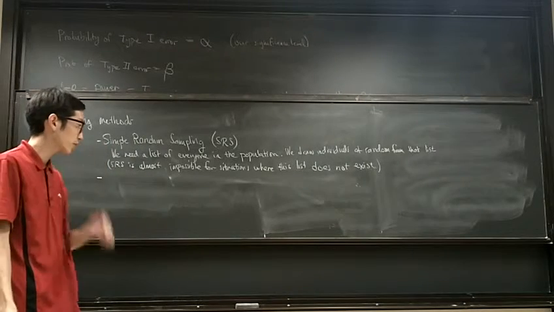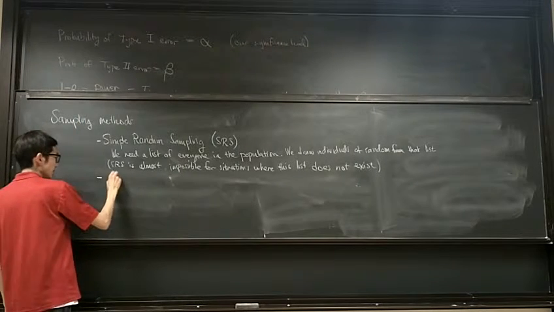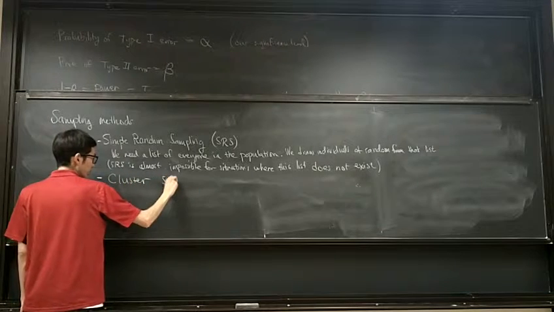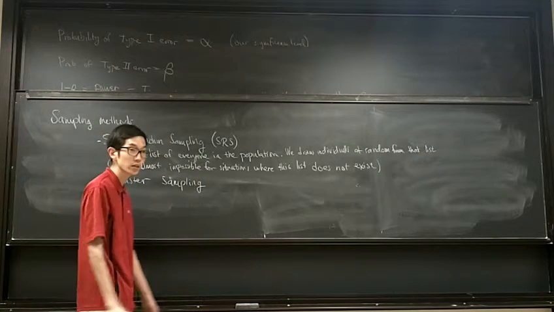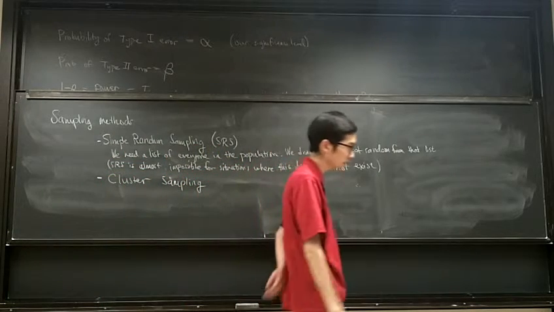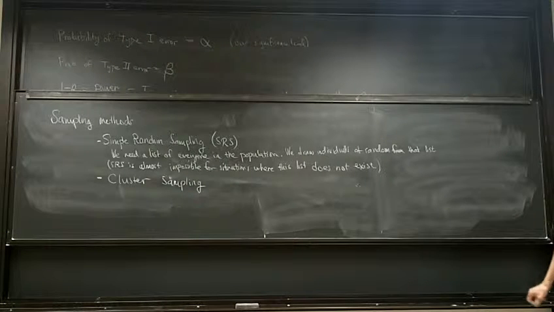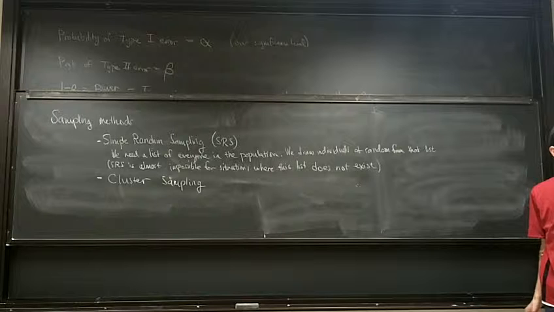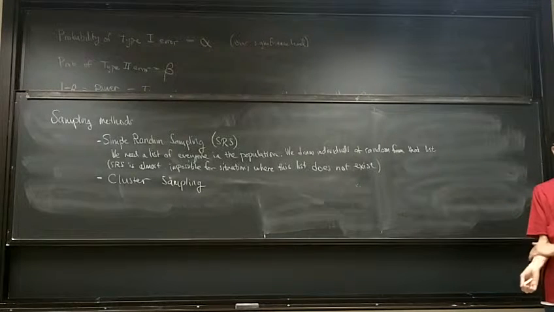So there's a few other methods that we can use, okay? One is cluster sampling. Would this be alternatives? Yeah, these are alternatives to simple random sampling that will give you a sample that's close to random, okay? So one of our conditions and assumptions for all of these hypothesis tests is what?